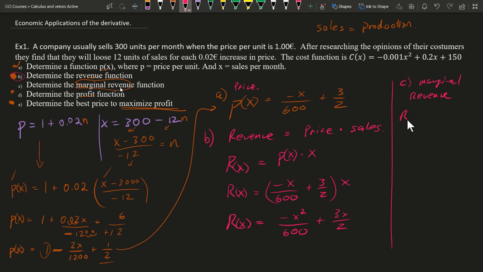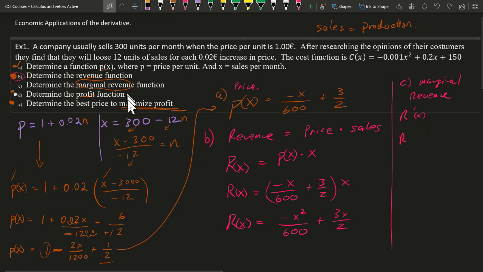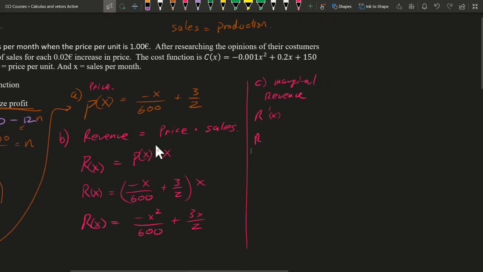So it's actually R prime of x. So if I differentiate this, R prime of x is just going to be equal to a negative 2x over 600 plus 3 halves.